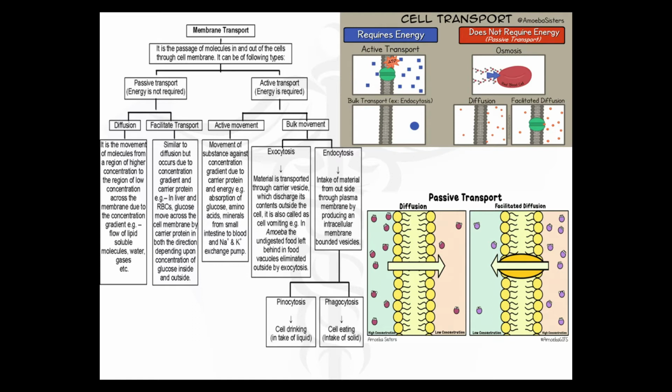Endocytosis is the intake of material from outside through the plasma membrane by producing intracellular membrane-bounded vesicles. That is further classified into pinocytosis or phagocytosis. Pinocytosis is cell drinking, intake of liquid. Phagocytosis is cell eating, that is, intake of solid.